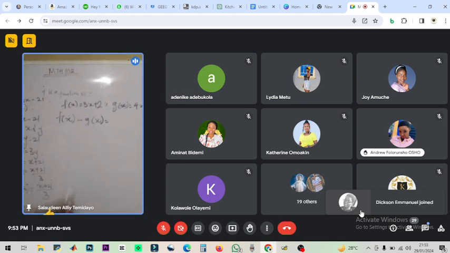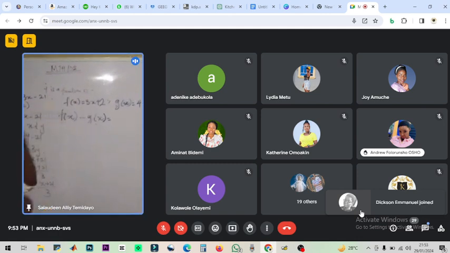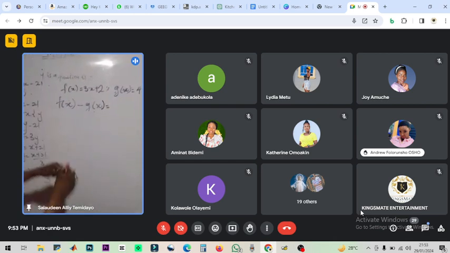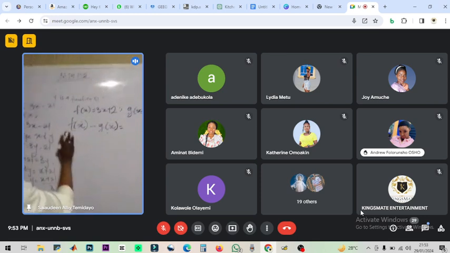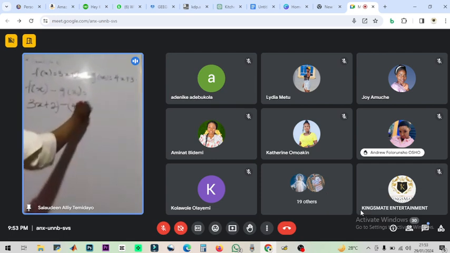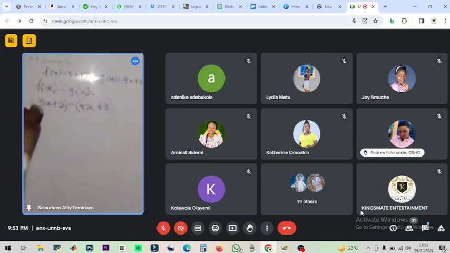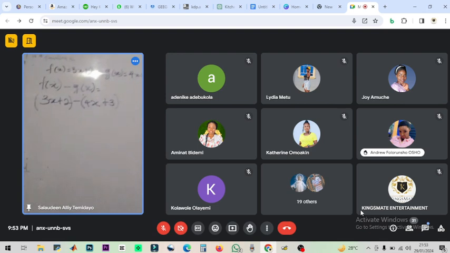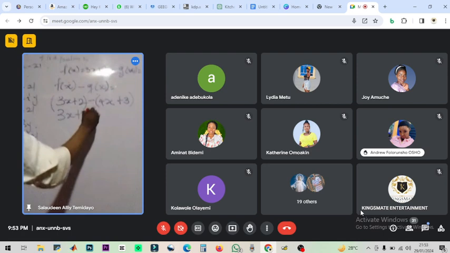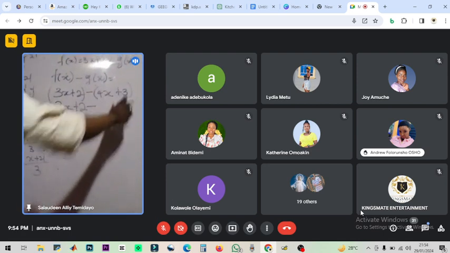F of x minus g of x is what we are looking for. We know the value of f of x, and we know the value of g of x. So g of x is 4x plus 3. Put it in a bracket. 3x plus 2 minus that bracket, so the minus must affect everything inside.